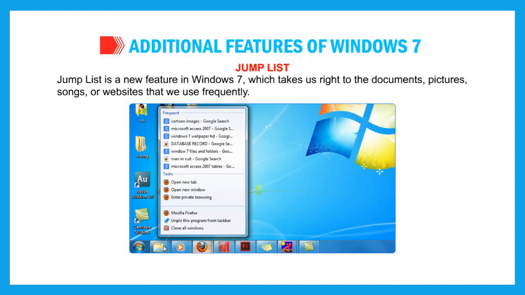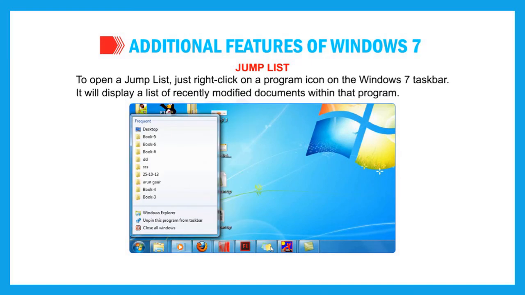Next is Jump List. Jump List is a new feature in Windows 7 which allows us to view the pinned documents, pictures, songs, or websites that we use frequently. To open a jump list, just right-click on a program icon on the Windows 7 taskbar.